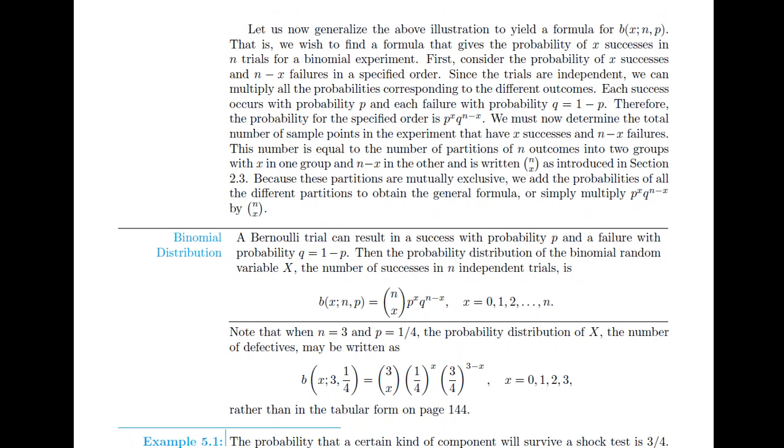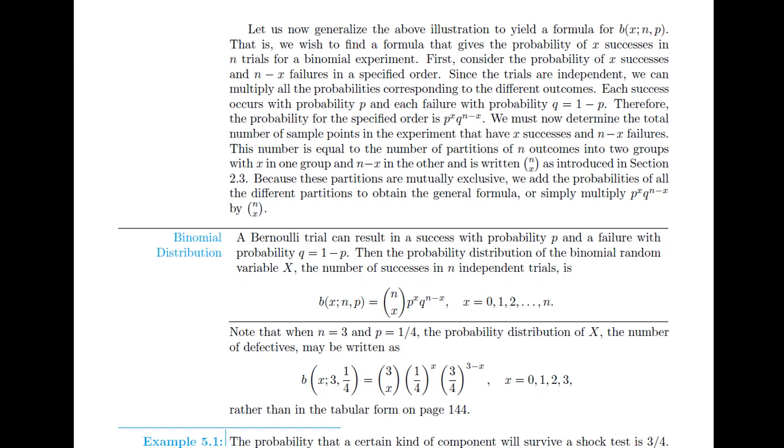Since the trials are independent, we can multiply all the probabilities corresponding to the different outcomes. Each success occurs with probability p and each failure with probability q equal to 1 minus p. Therefore, the probability for the specified order is p to the power x times q to the power n minus x.